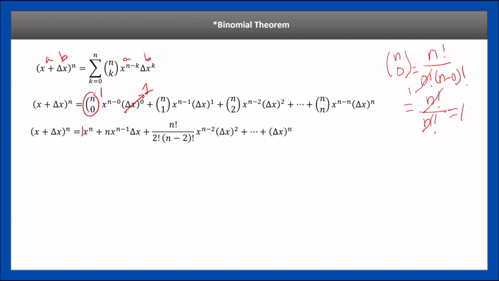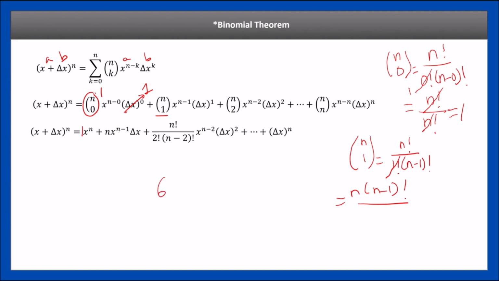All right, we're going to show you a couple more of these. So let's next do n choose 1. So if I were to do n choose 1, this can be n factorial over 1 factorial times n minus 1 factorial. Well, 1 factorial is just 1, so we can ignore that. Now, I'm going to write n factorial as n times n minus 1 factorial.